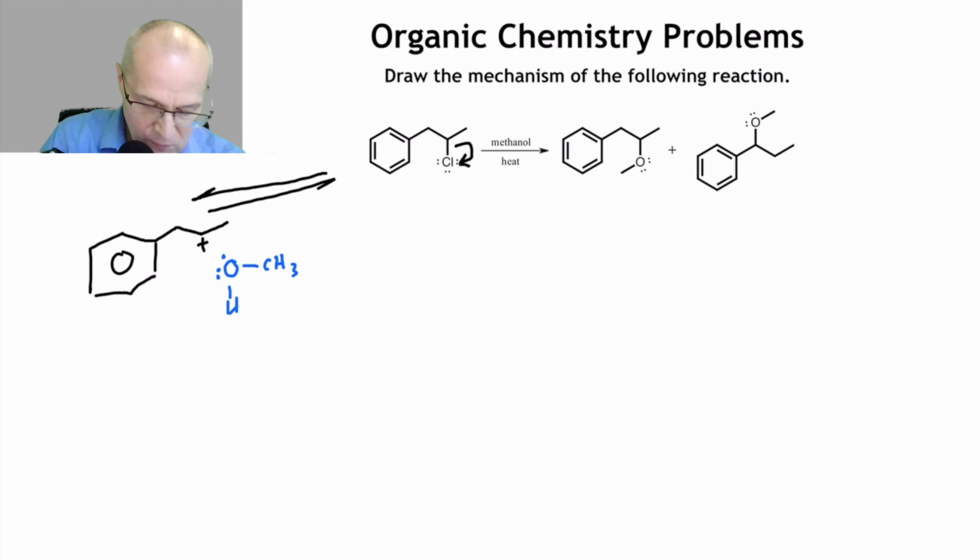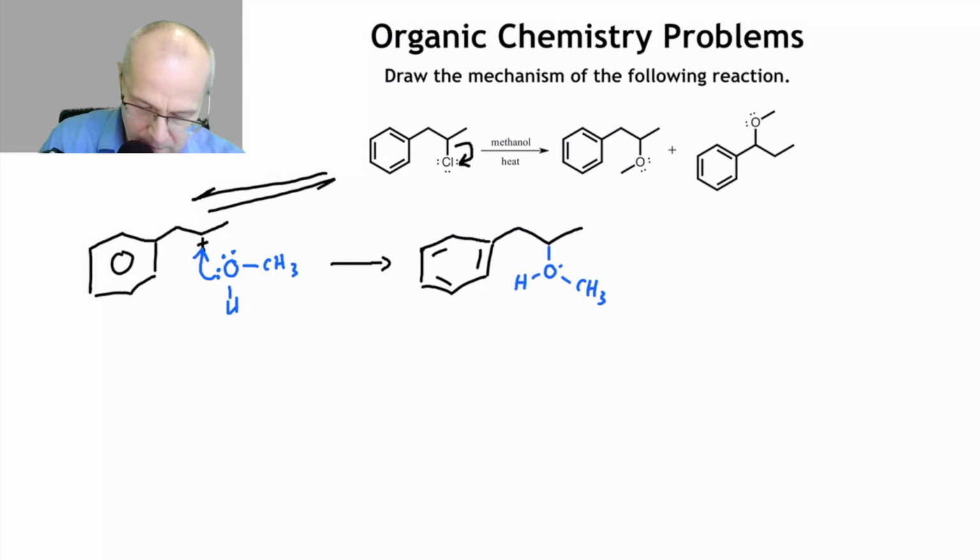We know that will happen for sure. And then more of the solvent will come and deprotonate it, and it'll give us right away one of our products. So we're already halfway there, right?